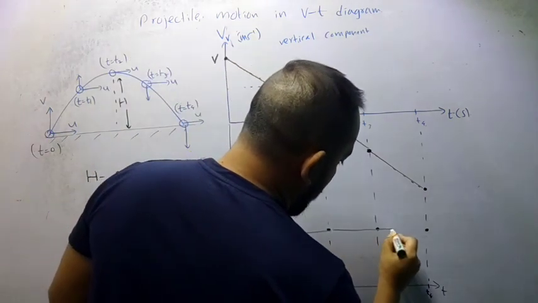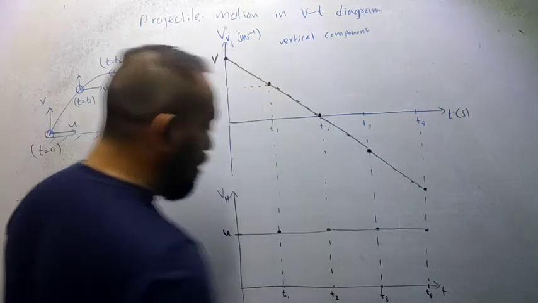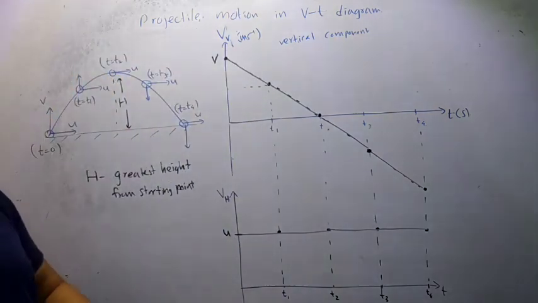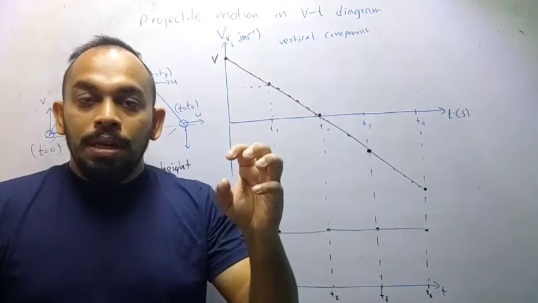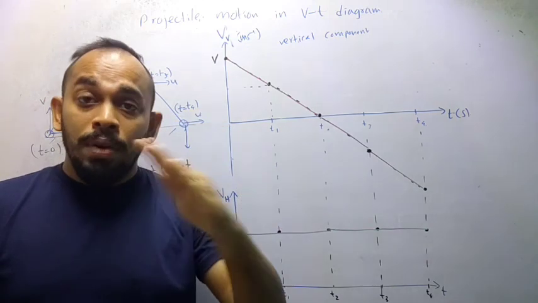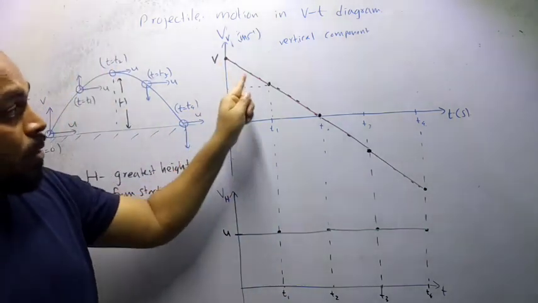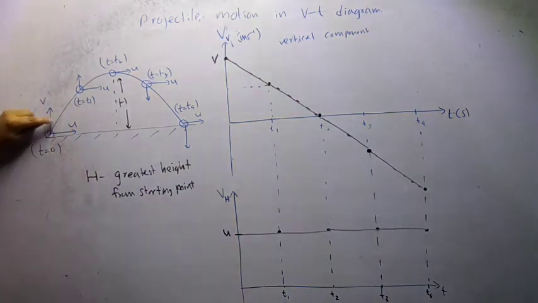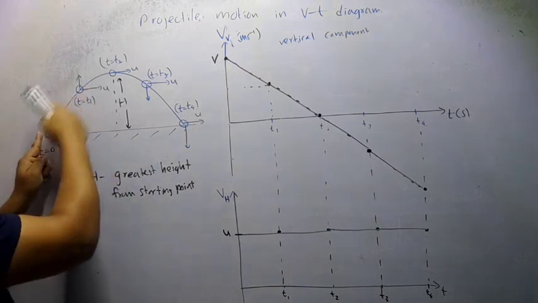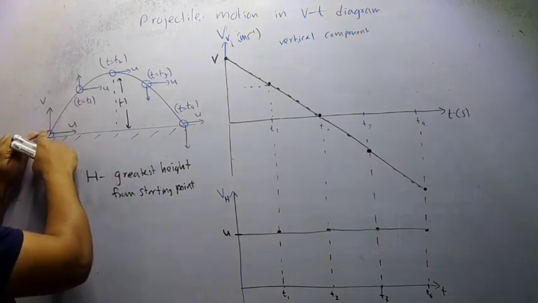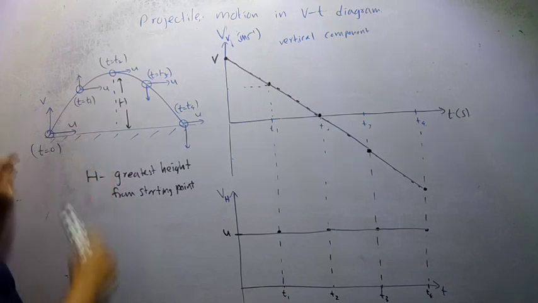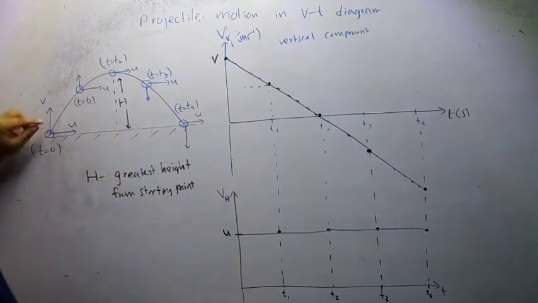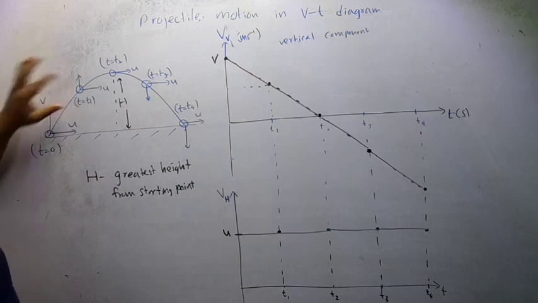This is how I show it when I draw a VD diagram. A line is a combination, a collection of an infinite number of points. Points add up to make the line. Here I have taken 1, 2, 3, 4, 5, only 5 points, but in between these points it has traveled continuously.